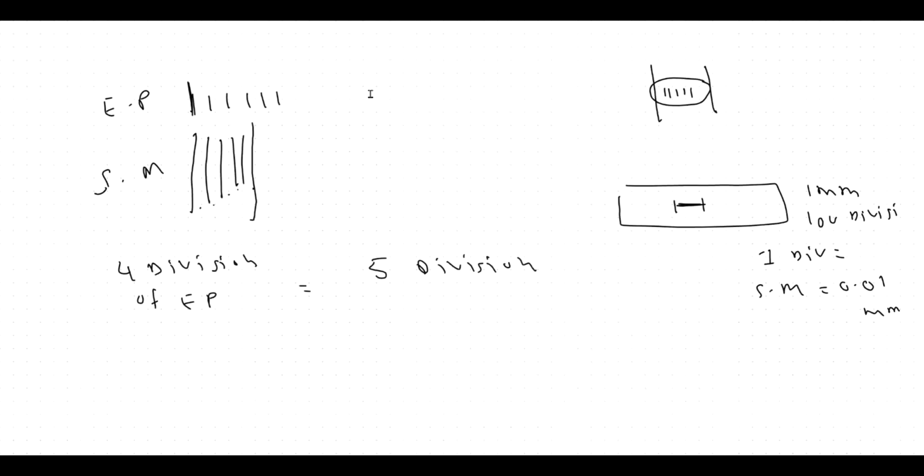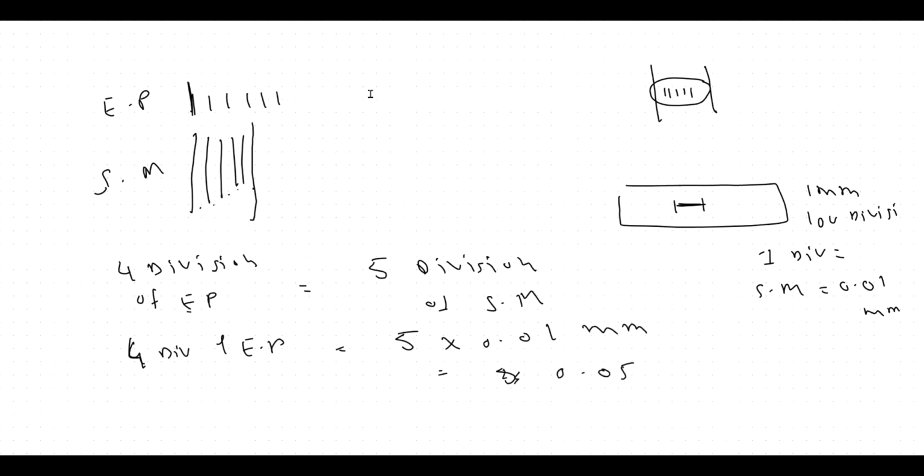Because I know the size of the smallest division of this stage micrometer was 0.01 mm, I can say that 4 divisions of eyepiece is equal to 5 multiplied by 0.01 mm, which will become 0.05 mm.